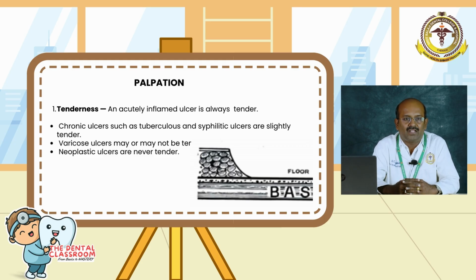If it is a chronic ulcer, like a tuberculous ulcer, it's going to be slightly tender. The varicose ulcer can be slightly tender or never tender. A neoplastic ulcer will never be tender. So depending upon the amount of pain, we can elucidate what type of ulcer we are going to see.